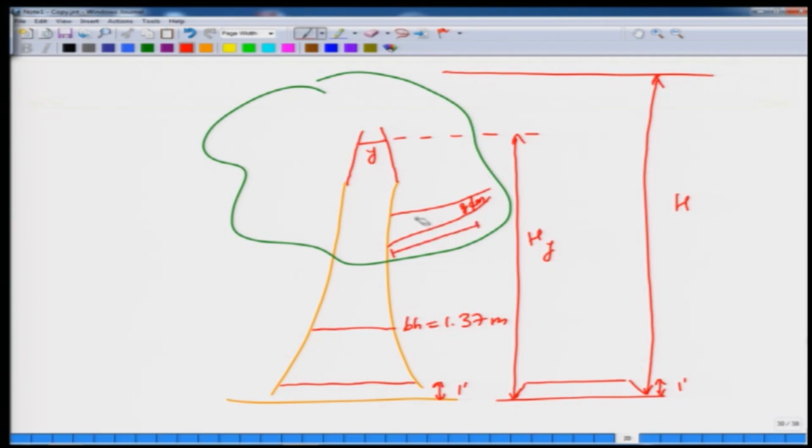So, you will include the branches till a diameter of z centimeter. Any branches that are less than z centimeter in diameter will be excluded. Now, why is that so? Because the branches also can be used as timber and they also have a merchantable value.